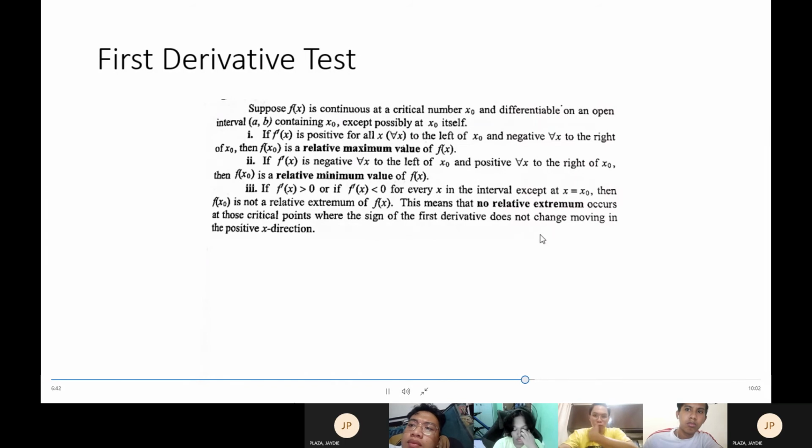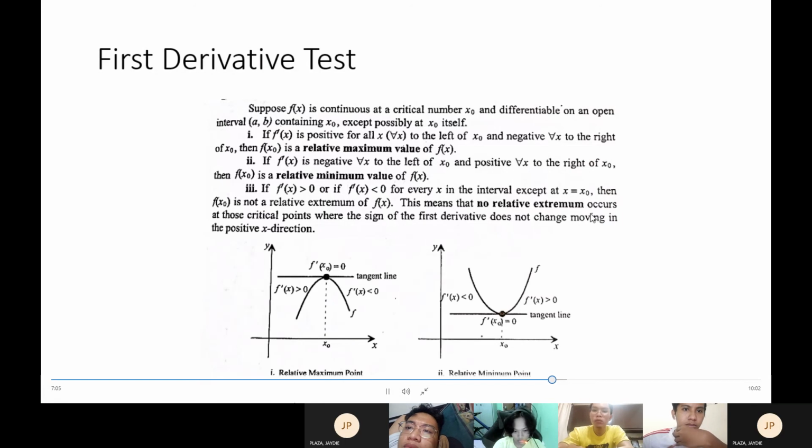If f prime of x is negative to the left, then we have a relative minimum value. But if we have f prime of x greater than 0 or f prime of x less than 0 for every x in the interval except at x sub 0, then it is not a relative extremum. This means no relative extremum occurs at those critical points.